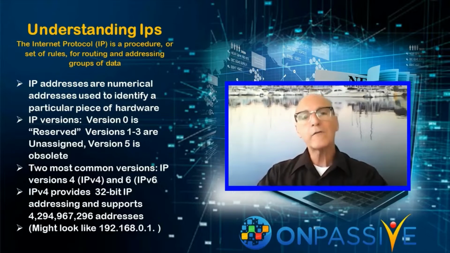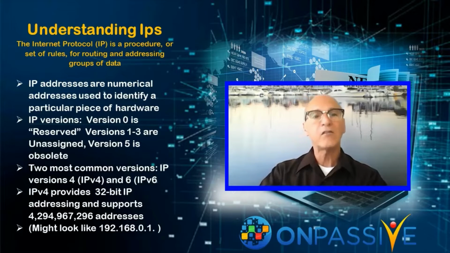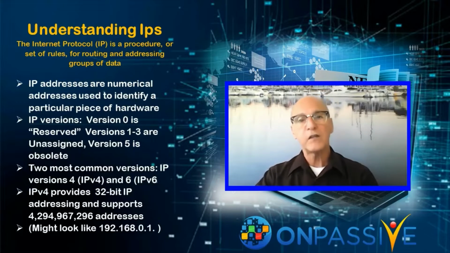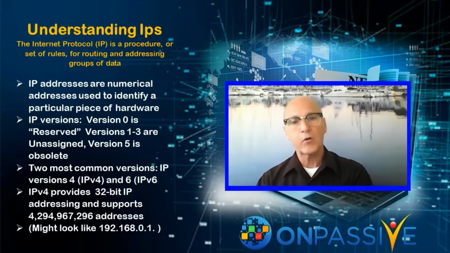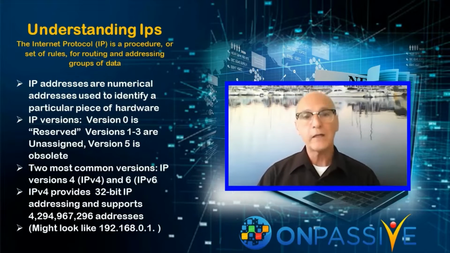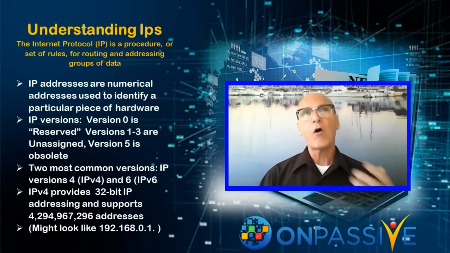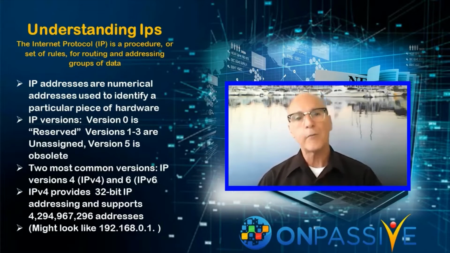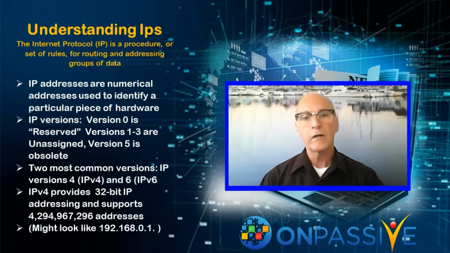Now, the current foundational protocols in this suite are the TCP protocol and the IP protocol. So that's where we get our IP protocol from, that suite. Now, the IP addresses that we're familiar with, they're all numerical addresses, and they're used to identify a particular piece of hardware that has been connected to the internet.